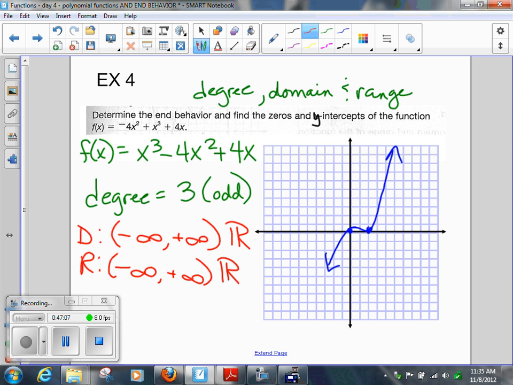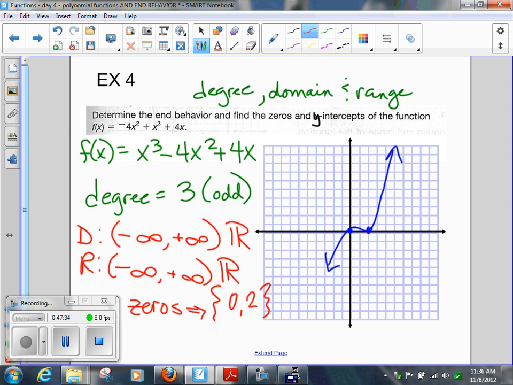All right, so we got domain and range. We've talked about degree. How about the zeros? There are 2 real zeros, 2 real solutions in this, right? What are they? Our zeros are the set of 0 and 2.